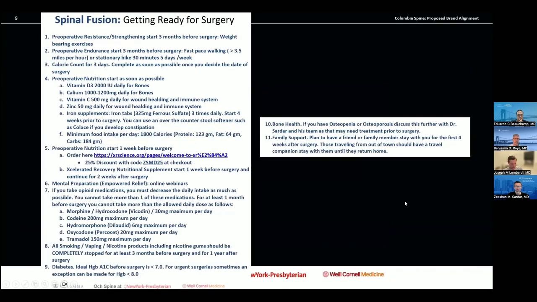And my patients get this checklist that I go through with them prior to surgery, which goes through everything from physical endurance, resistance, nutrition, even mental preparation, opioid medications if they're taking that, smoking, diabetes, bone health, family support, all the different aspects that I think need to be prepared and optimized prior to surgery. And then even before, when they come in for the pre-op visit, we go through this again to see which areas they were able to optimize.